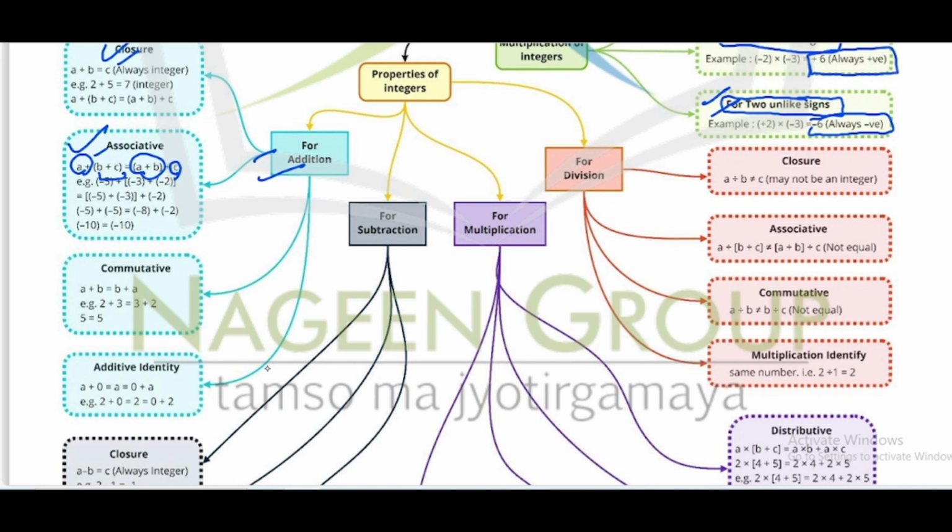It means A plus B is equal to B plus A. Next is additive identity. 0 is the additive identity of the integers. It means if we add 0 to a given integer, then the result remains unchanged.